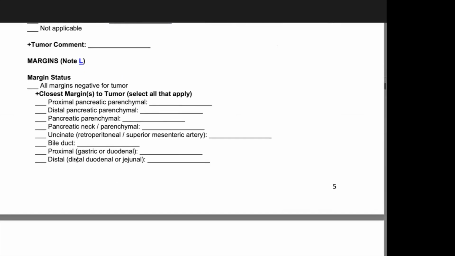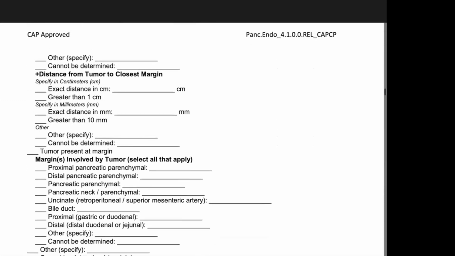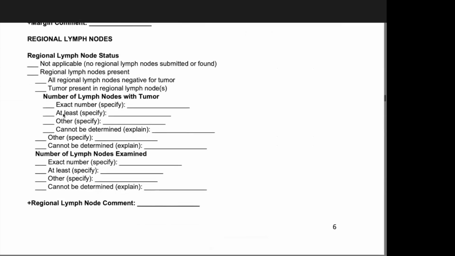The margins are the exact same in a neuroendocrine tumor of the pancreas as they would be in a pancreatic adenocarcinoma, except that, remember, in pancreatic ductal adenocarcinomas, the tumor can be within 1 millimeter of the margin to be called positive, whereas in pancreatic neuroendocrine tumors, the tumor needs to have either ink or cautery on them to be called positive.